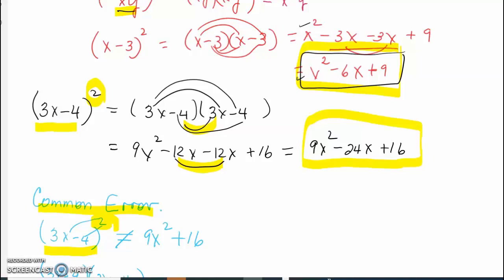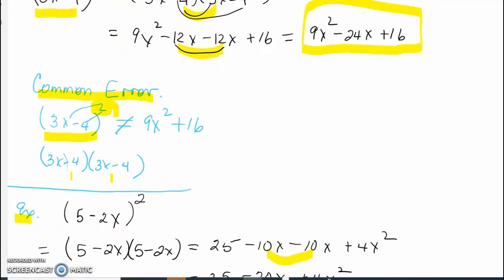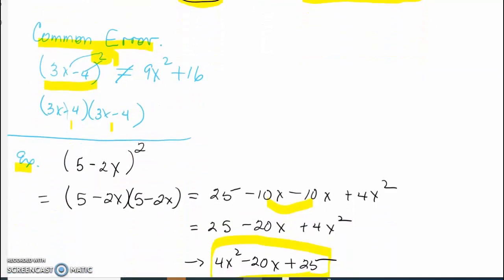All right, what I'm really concerned about is this particular common error that I see very often. If you're given the square of a binomial, some students will take the power of 2 and distribute it to each of these terms, and they take 3x squared, which is 9x squared, and then 4 squared is 16. Well, it turns out this is absolutely incorrect.